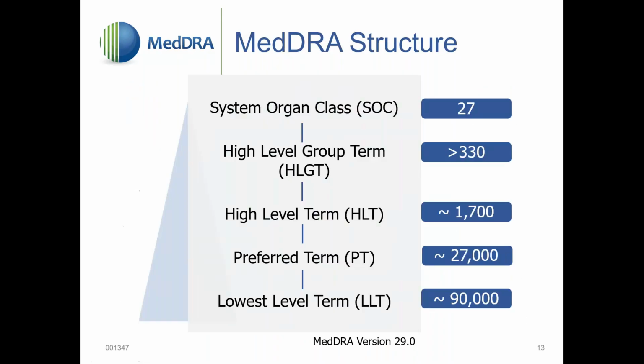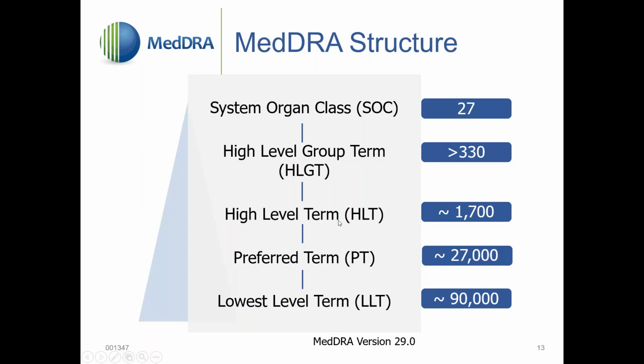Let us now shortly look at the structure of MedDRA and how MedDRA is organized. MedDRA has a systematic 5-level structure, starting with the system organ class, or SOC, on the top and the high-level group terms, or HLGTs, underneath that, which then group the high-level terms, or HLTs.